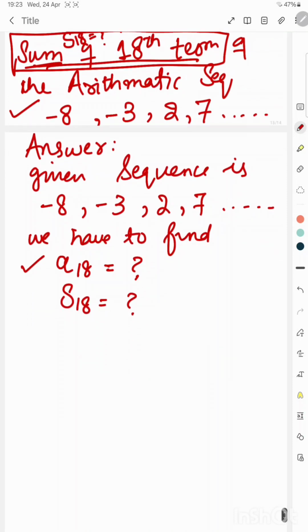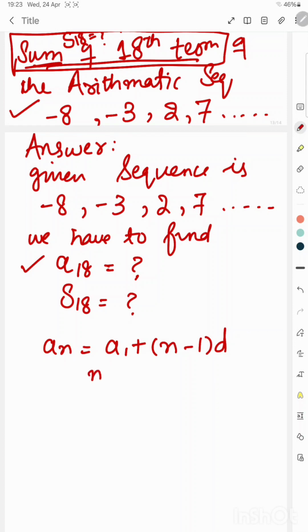So always remember that whenever it is asked to find any term, we will use the nth term formula. Okay, which was an is equal to a1 plus (n minus 1)d. Okay, now we have to just find the 18th term.